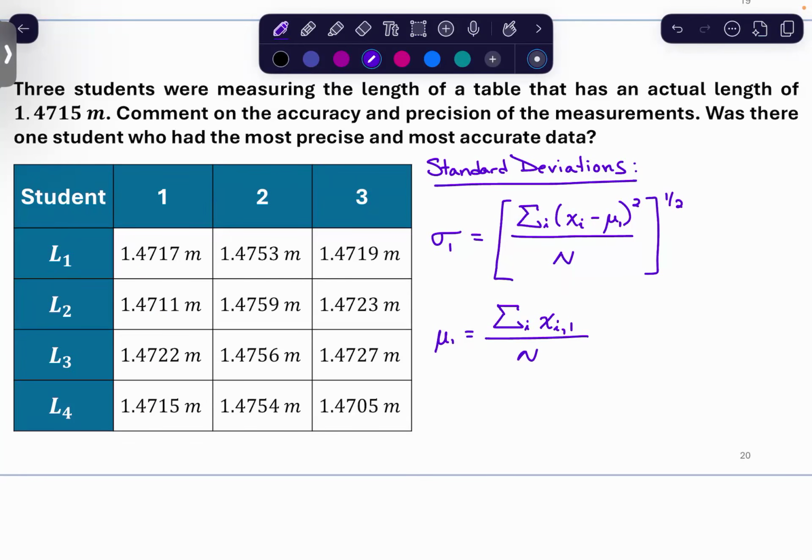And so what I'm saying, x i comma 1, that's each individual value, x1, x2, x3, x4, i goes 1 through 4 of student 1. And that's how you read the indices. That's each x value for student 1. So it's i comma 1.